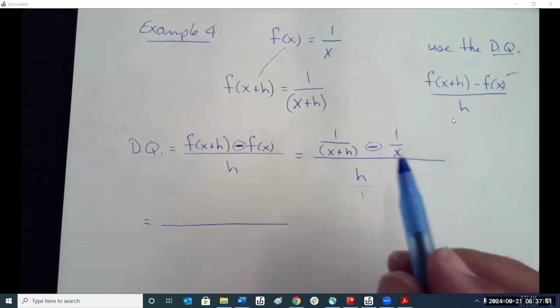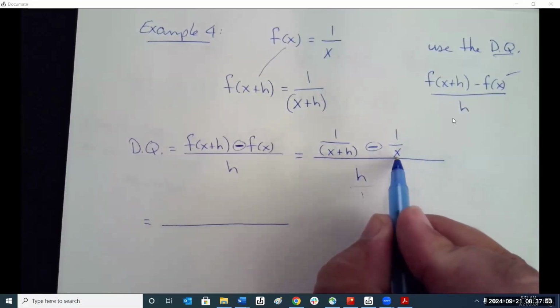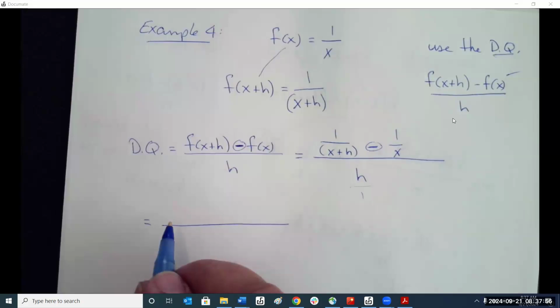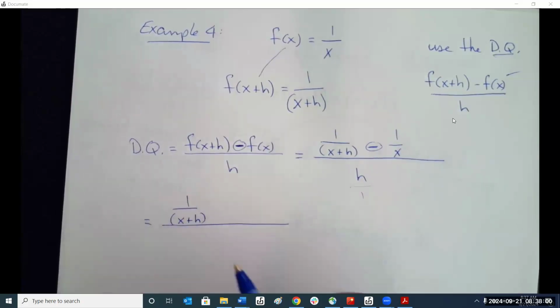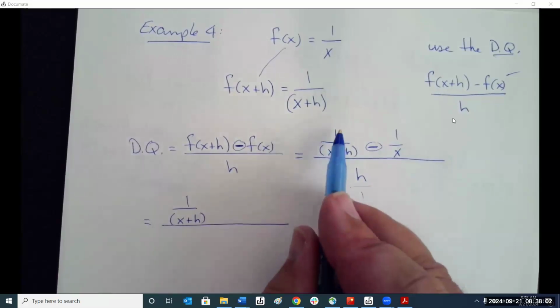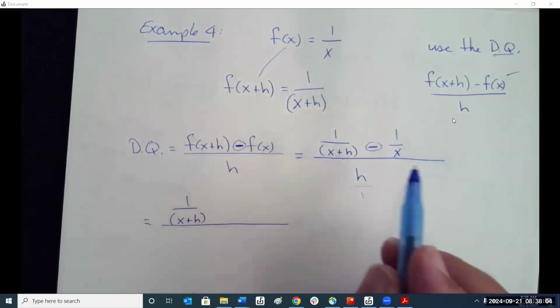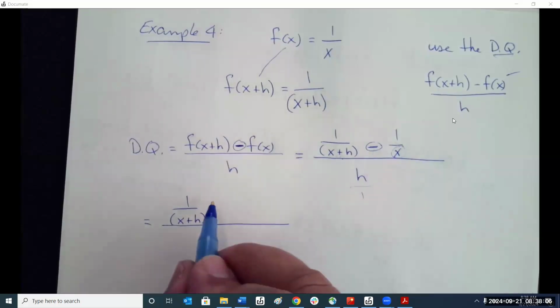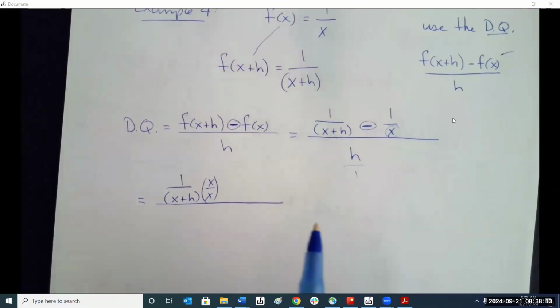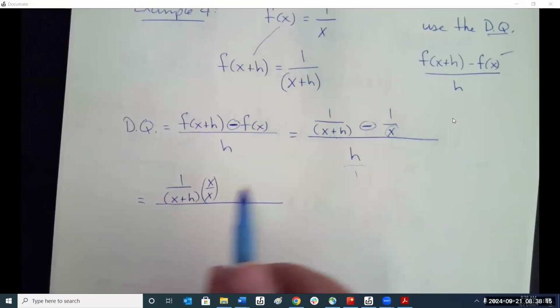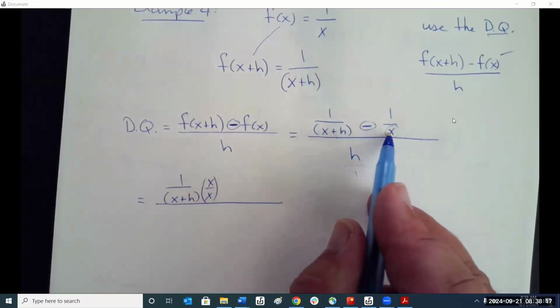The way we combine fractions is you have to have common denominators. So the first fraction, the 1 over x plus h, doesn't have an x by itself. So I have to multiply by x over x, because I have to get the same numbers on the bottom.